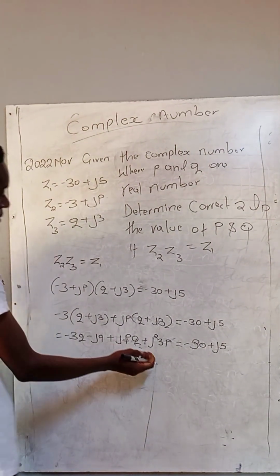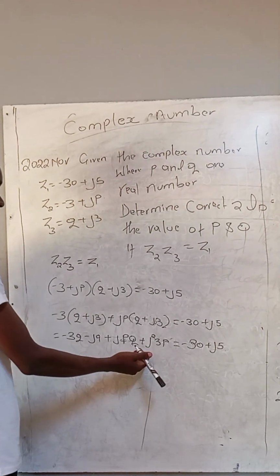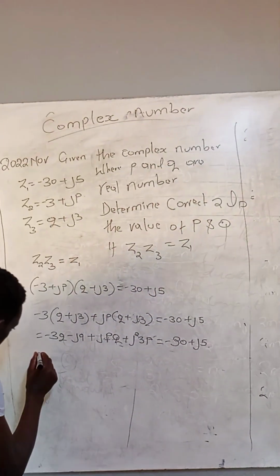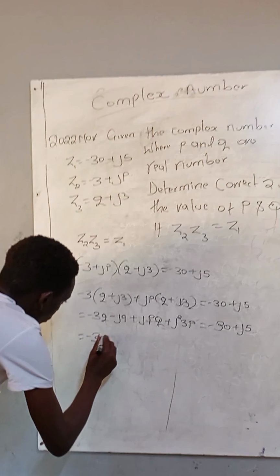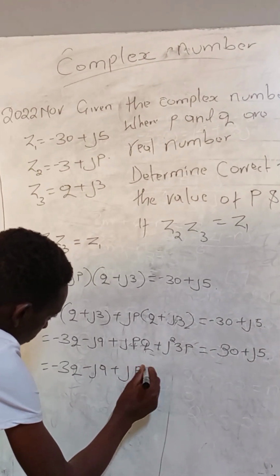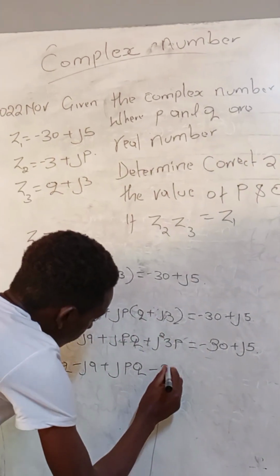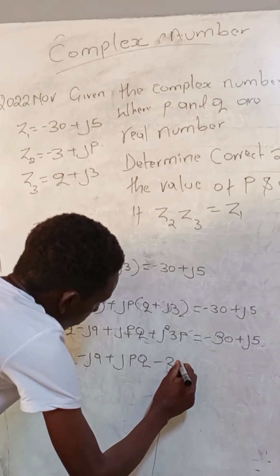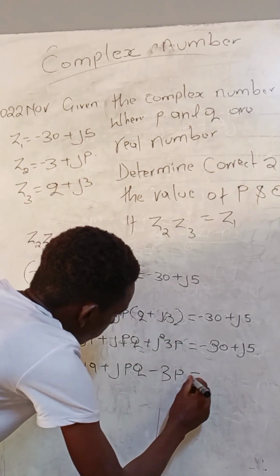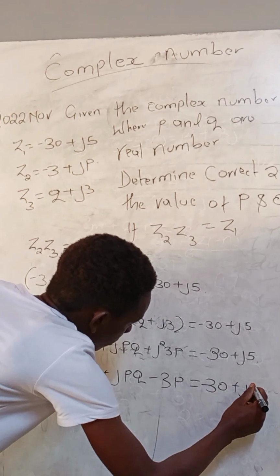Again, j squared is equal to negative 1, so where we have j squared, we substitute the negative 1. So I will have negative 3q minus j9 plus jpq minus 3p is equal to negative 30 plus j5.